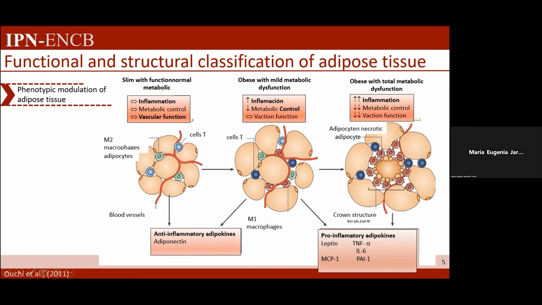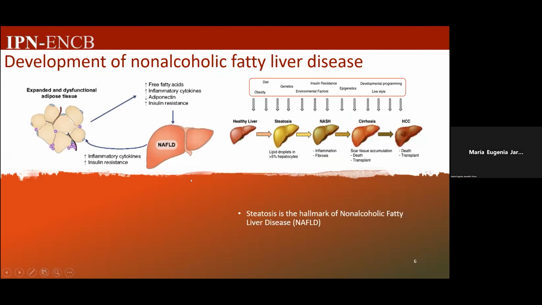This causes the increase of TNF-alpha, interleukin-6, PAI-1, MCP-1, and increases leptin and decreases adiponectin.